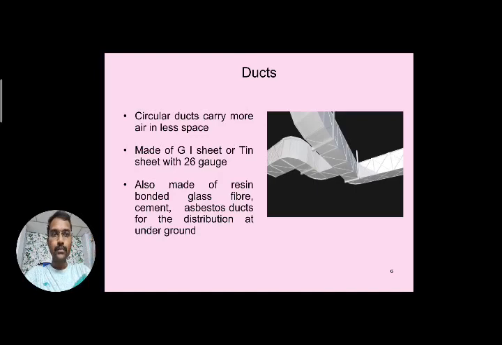You can also see ducts in some temples, where very closely packed inner temples are there. In that, air conditioning is provided, and you can observe the duct system there. Mostly you can see the galvanized iron sheet metal, made with circular, rectangular or square sections, passing the conditioned air from the equipment up to the required point.